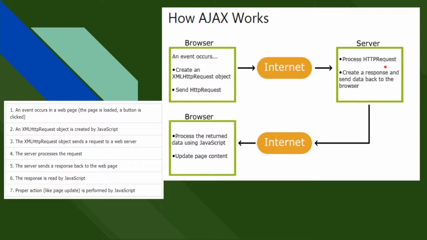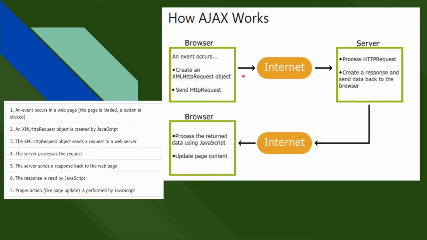The server processes the request which is sent by you, and the server sends a response back to the web page. Then the response is read by JavaScript and then you can display it on your browser.